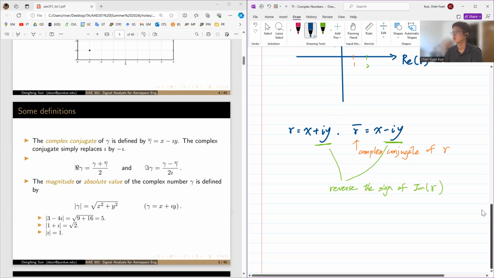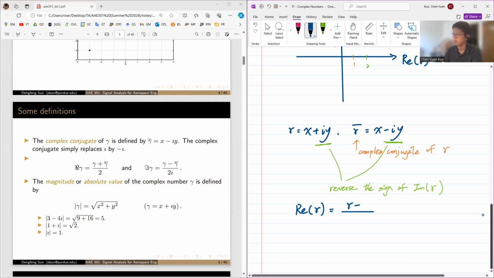Okay, so now with this new definition of the complex conjugate of a complex number, we can come up with a way to compute the real part and the imaginary part of a complex number. The real part of the complex number gamma can be computed by this expression here.